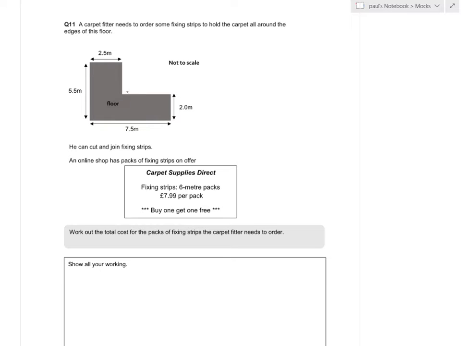Now, we've got 2 missing sides here, so we've got 7.5 minus 2.5, which is 5 meters, and this one here is 5.5 minus 2, which is 3.5 meters. So we need to do 2.5 plus 3.5 plus 5 plus 2 plus 7.5 plus 5.5.